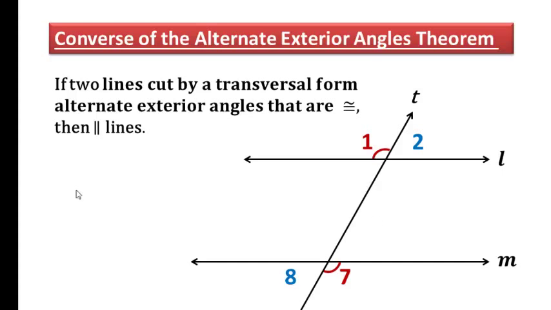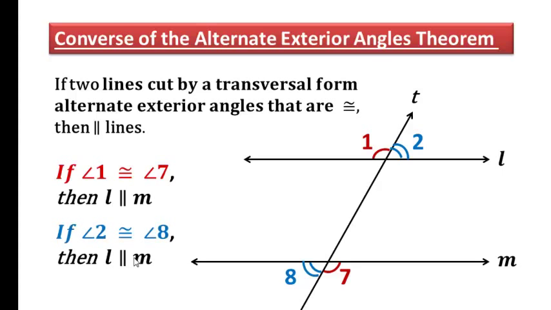So if angle 1 is congruent to angle 7, well, we can conclude that we have two parallel lines. And if we're given that angle 2 is congruent to angle 8, well then we can make the same conclusion, that L is parallel to M.